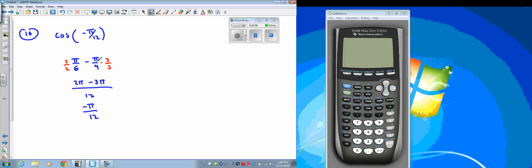So these are the two, pi over 6, pi over 4. And you've got your choice. You can use the difference where you use a positive pi over 6 and a positive pi over 4. Or you can use the sum where you use a positive pi over 6 and a negative pi over 4. Just like before. So which way do you want to think of it? It's got to be pi over 6 here.